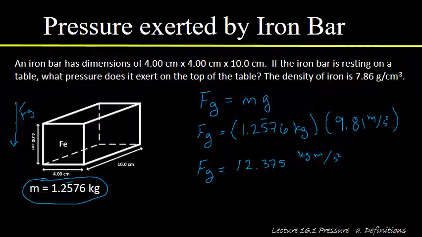Okay. We've got 3 significant figures in the two things we're multiplying, so we should have 3 sig figs in our result. And we can also simplify this a little bit by changing that collection of variables to newtons. So the force exerted by this iron bar is going to be 12.4 newtons.